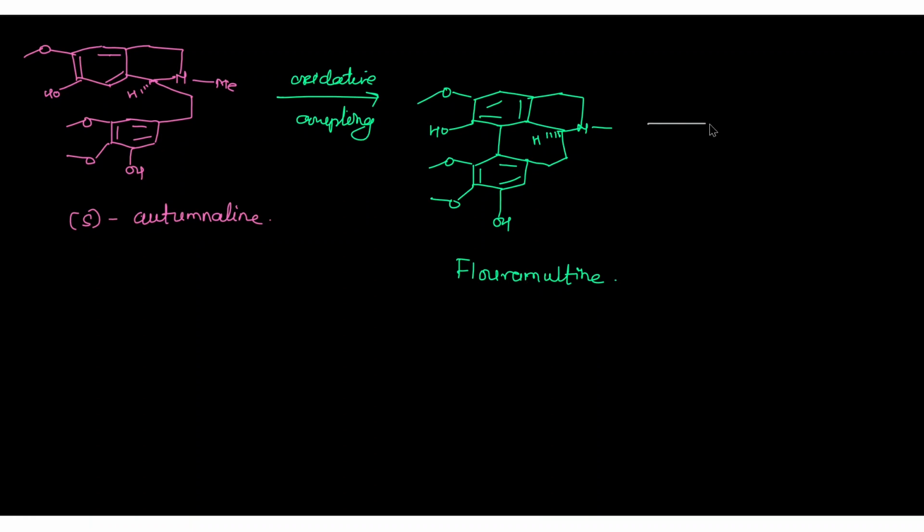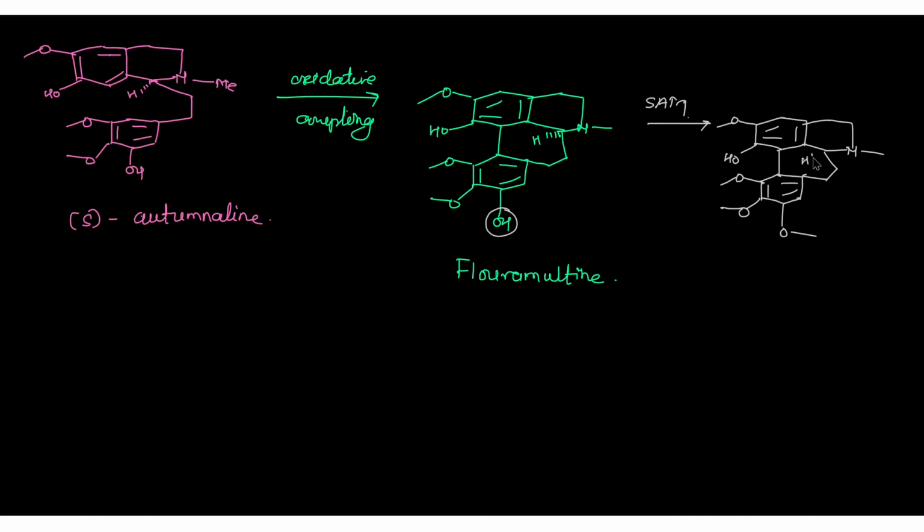In next step, by using SAM, methylation takes place over here and we get rhoeadine as a product. So this is all about the biogenesis of rhoeadine and alkaloids derived from tyrosine.